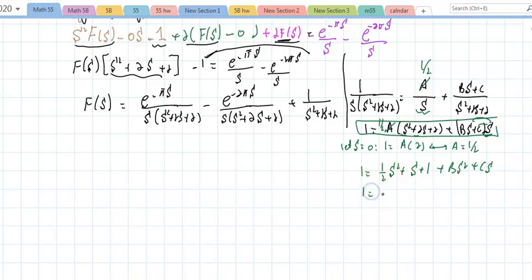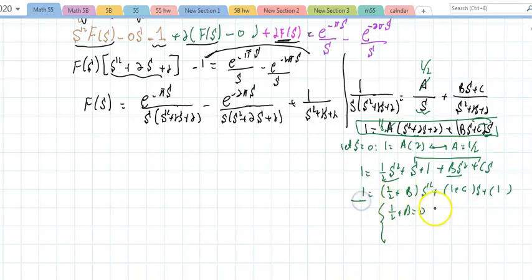So 1 equal, if I look at the s squared, the s, and the constant, well, that's 1/2 plus b. That takes care of s squared. That is 1 plus c, and the number loose by itself is 1. So I know out of this that 1/2 plus b equals 0 since there's no s squared on the right.